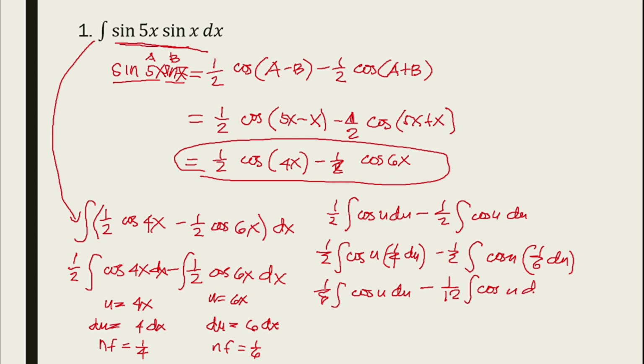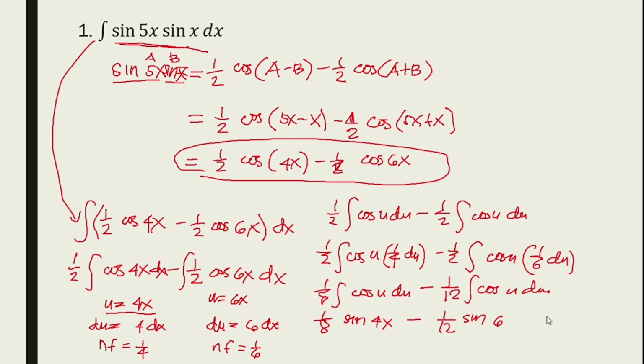Next, we have to substitute now. The integral of cos u is equal to sin u. So what is our u? Immediately we substitute here, which is 4x. Therefore we have 1/8 sin 4x minus 1/12 sin 6x plus c.